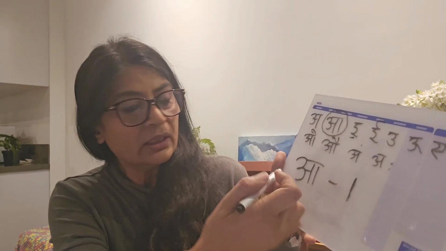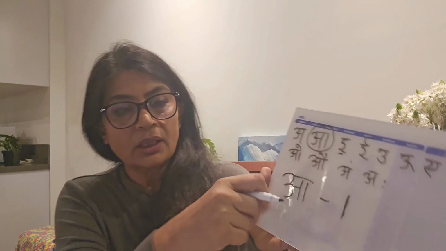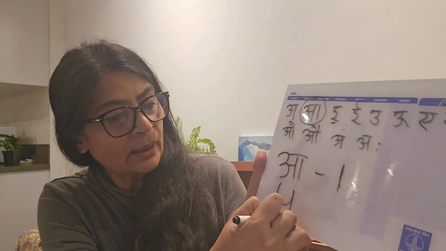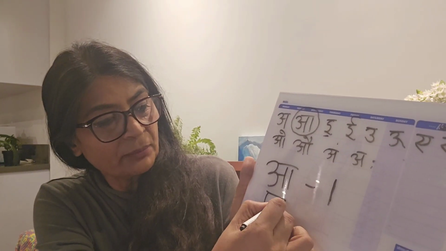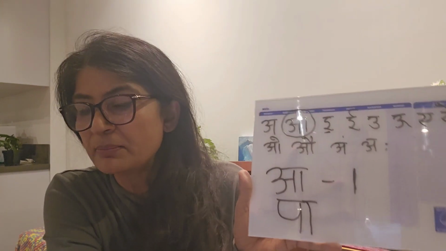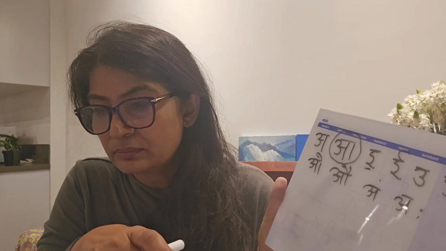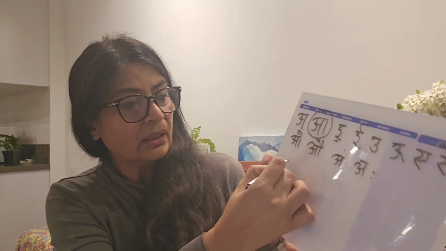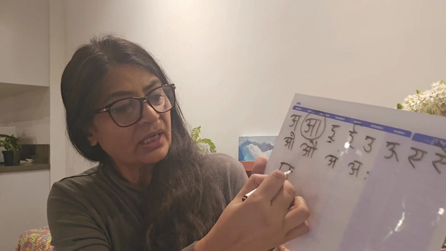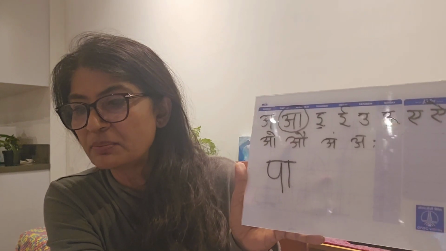So if I want to say, let's say Papa, and I know this is P, then if I put a line here, it becomes Pa. So whenever I want to say A, if I want to say Papa, I put an A here and this becomes Pa.